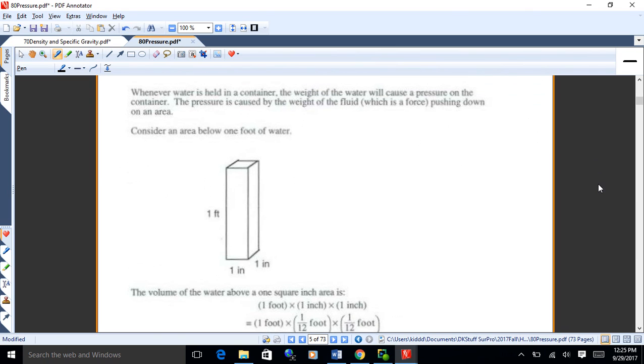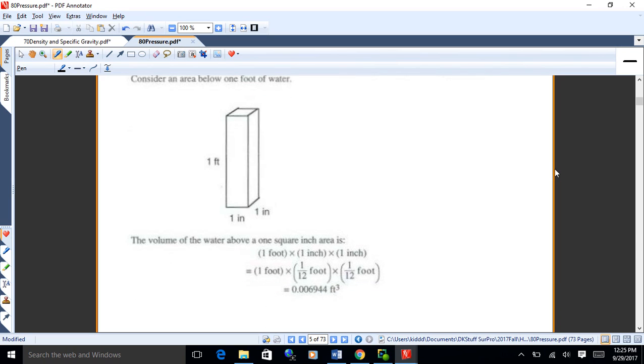Now let's have a look at water, because that's what we deal with a lot here. So let's say we've got water in a container. What causes the pressure is the weight of the water. So let's take a tube that's a foot high by an inch by an inch, and figure out what the water would weigh in there.